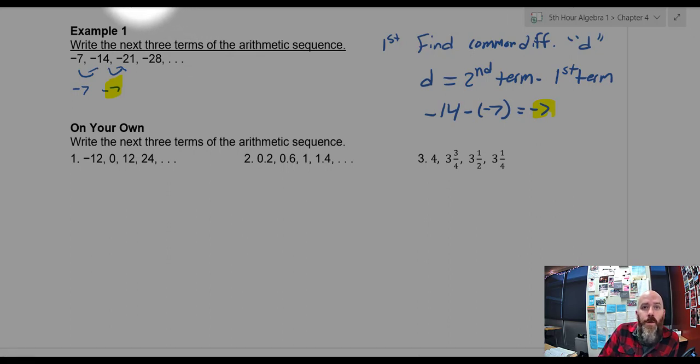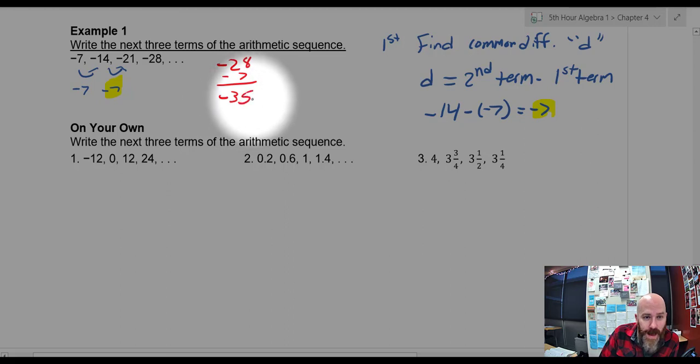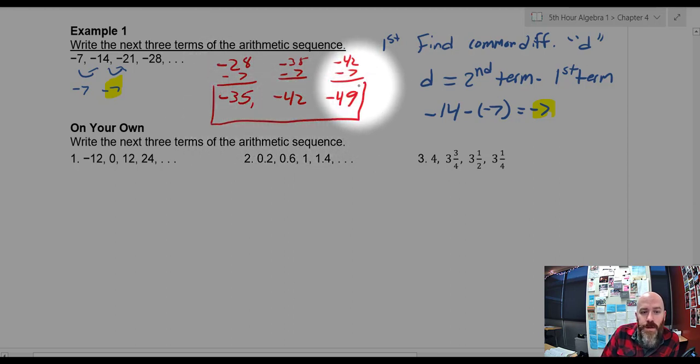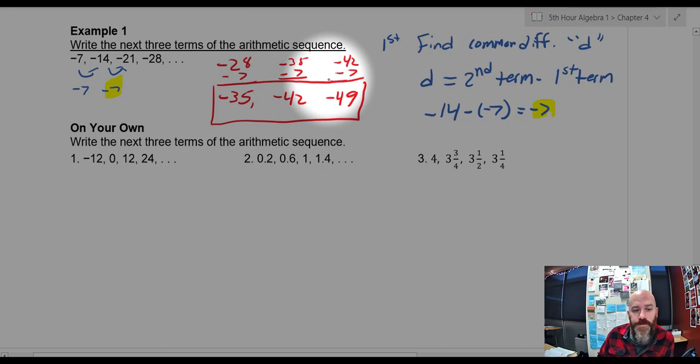So when it says write the next 3 terms, I just want to continue that pattern. So what is -28 subtract 7? That is going to give me -35. And then what's -35 subtract 7? If we continue that pattern, it's -42. What's -42 subtract 7? It's -49.